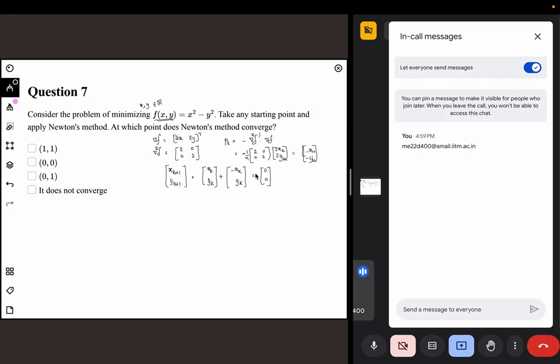Now once I reach 0, 0, what will happen? At 0, 0, my gradient of f will be 0. So p will become 0. At 0, 0, pk equal to 0, 0. This implies it gets stuck.